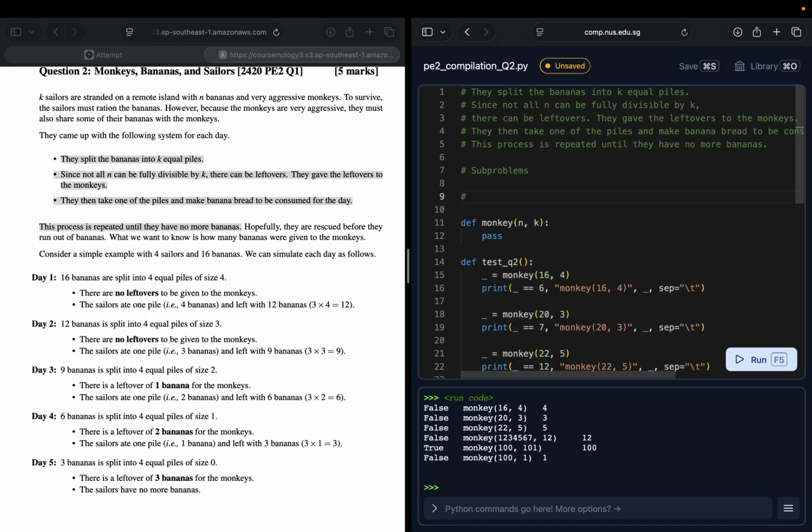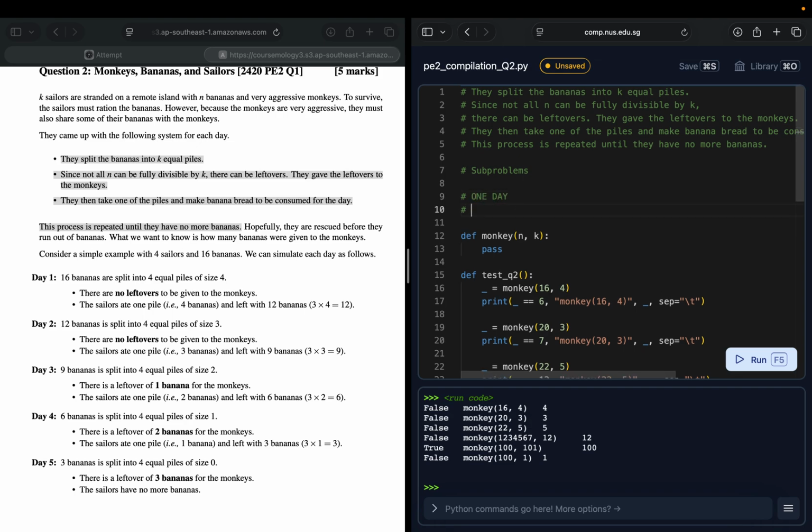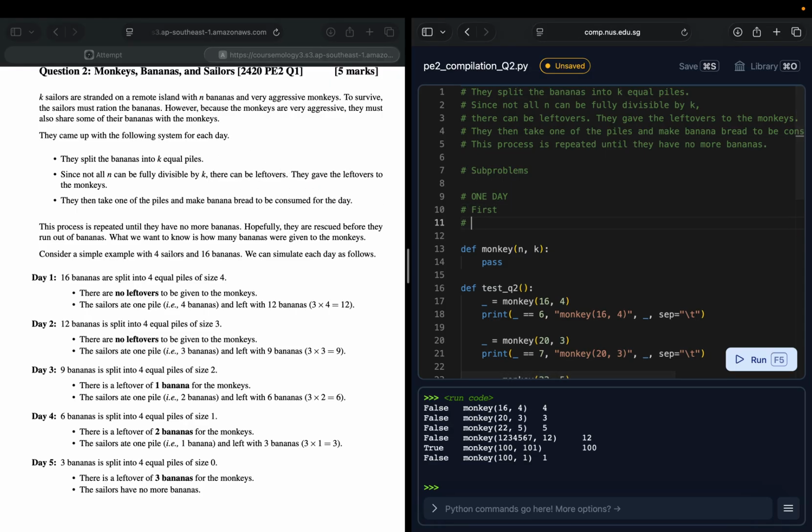So instead of worrying about what happens at the end, let's just consider one day. What happens in a day? So each day we first split the bananas into k equal piles, and there can be leftovers or there can be no leftovers. So first we would need to do two things.